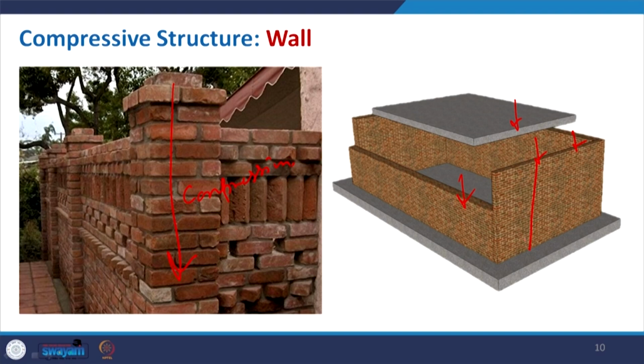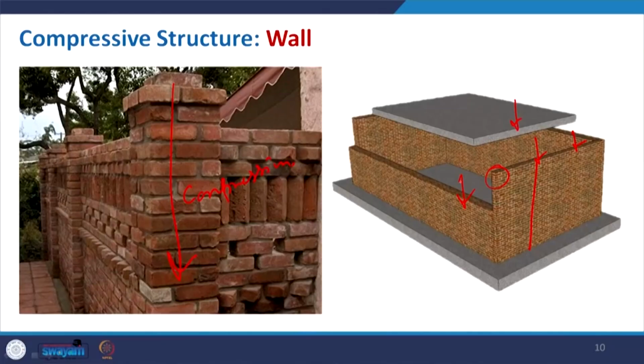Now we shift to the frame structure, where the concrete columns and beams primarily take the load, and walls are used just to make the partition. So, in this case the wall acts as a compressive structure and takes the load.